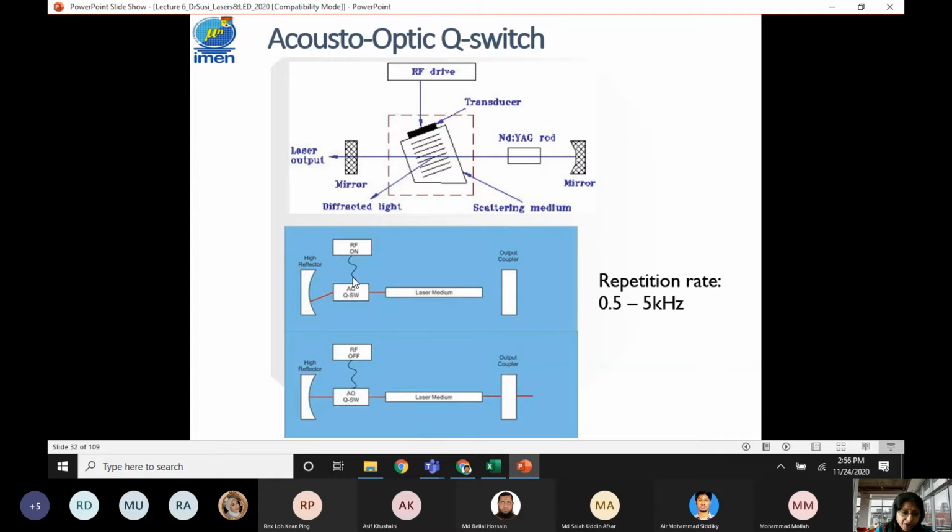When the RF is on, it interacts with the material here, where light can be diffracted and also scattered. And when the RF is off, the laser interacts with this acousto-optic material to produce a laser with different repetition rates.